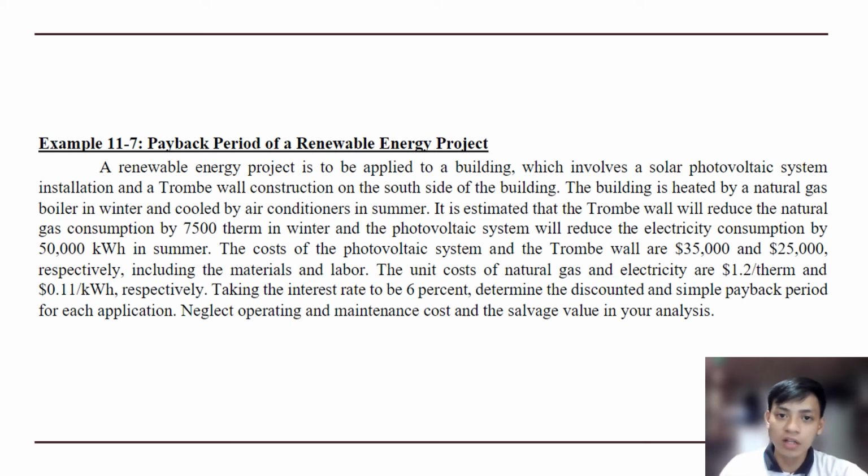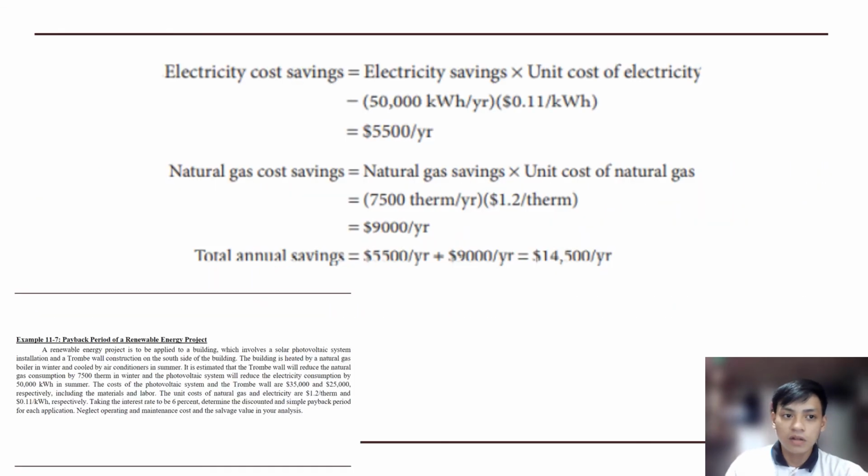Since the problem states that operating and maintenance costs and salvage value are neglected, we can start computing the electricity and natural gas savings. For the photovoltaic system, the electricity consumption that can be saved per year is 50,000 kilowatt hours, and the cost of electricity is $0.11 per kilowatt hour.